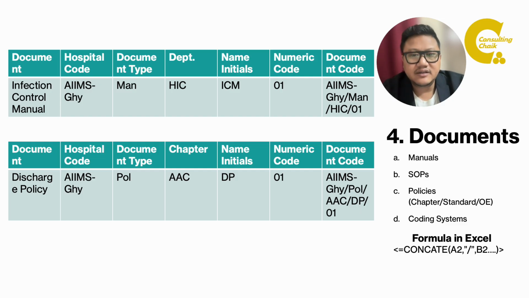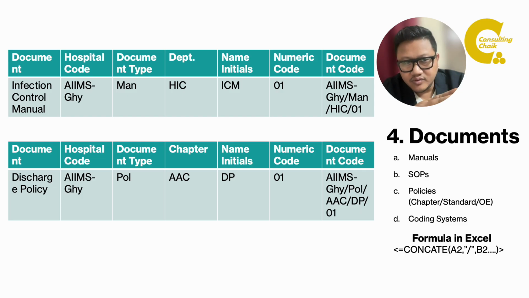Then you start the bracket. Okay, you start the bracket, and then you write A2, that is this, and then you put a comma, and then inside double inverted comma you put a slash like this, and then put a comma, and then you go to the second cell.